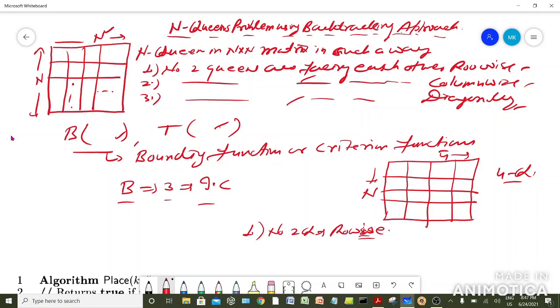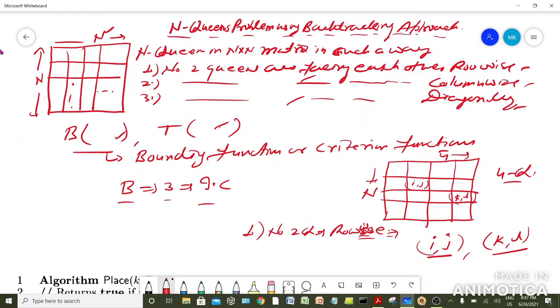So for keeping a check upon this condition, assume that we have a queen at (i, j), and suppose we wish to place a new queen at the new location (k, l). We already have a queen placed at the (i, j)th location.